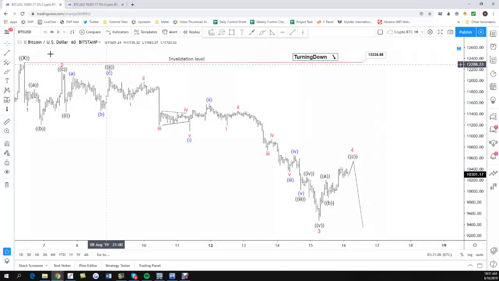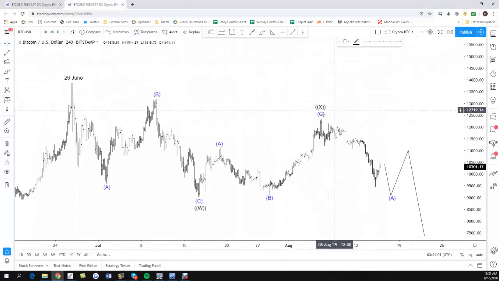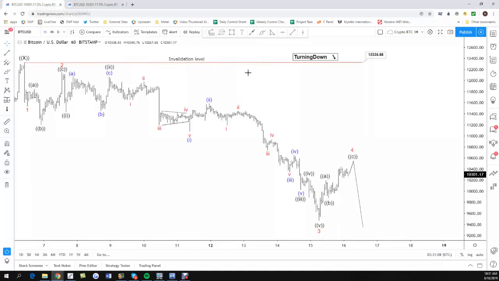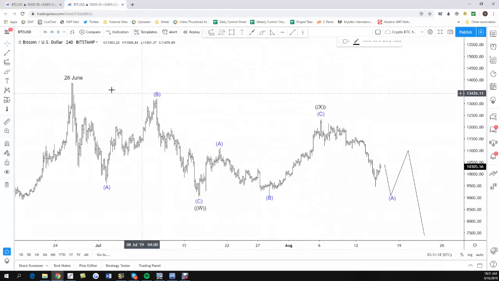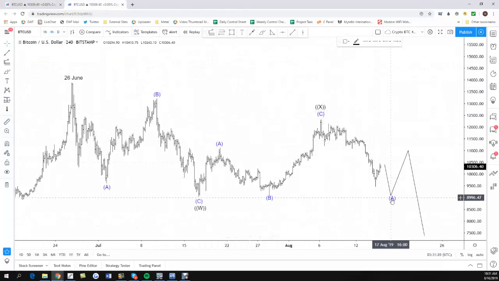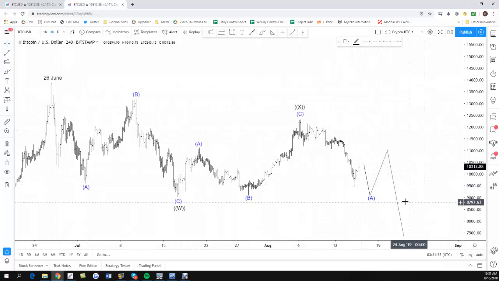As long as this level, which is your X here, is holding, we can look for the downside, and then we can use this template as a guideline for how we can expect this to unfold.